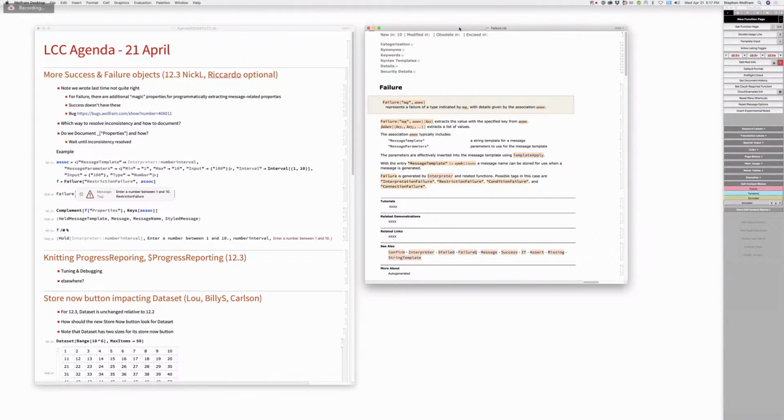Right. So that I get. Well, one question is, should success have these same magic properties or not? And then, how exactly do we want to tweak the note? Yeah, we can change key to prop.